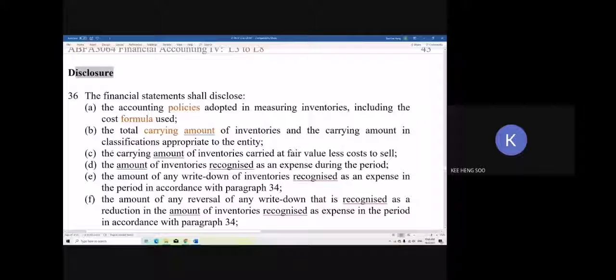Classification. Cost. This work in progress at cost. Finish.